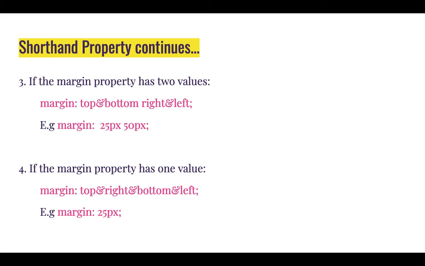If the margin property has two values, what we are doing is we are setting a value that will attend to the top and the bottom margins, and the second value is going to specify the right and left margins. If the margin property has just one value, what we are doing is we are using the shorthand property to set the top, the right, the bottom, and the left margin using a single value.